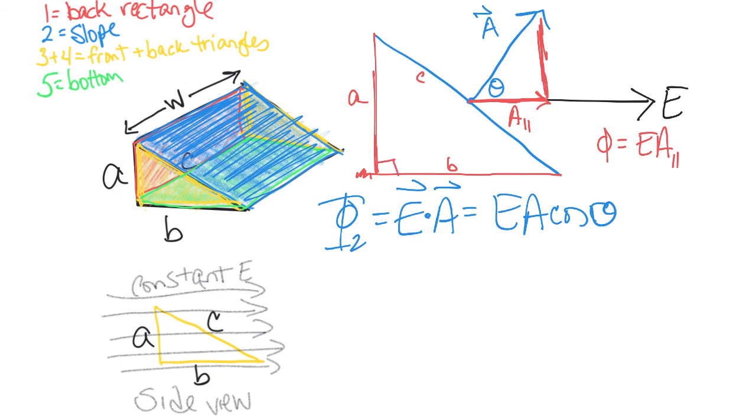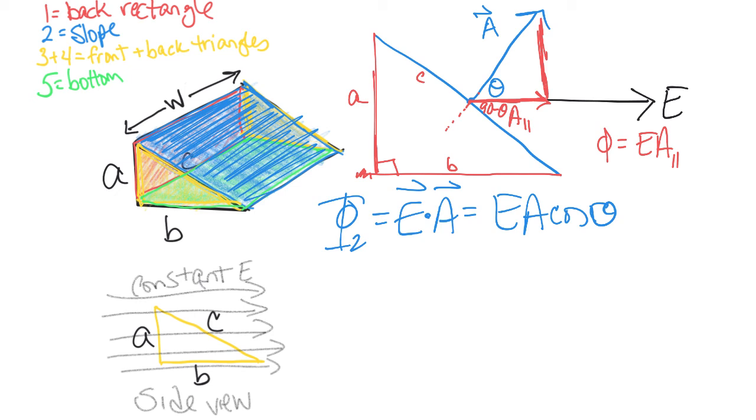There's our 90-degree angle, and there's a hypotenuse. This is just fun with triangles now. This has to be a 90-degree angle, so that's 90 minus theta, because by definition the area vector was normal to the area.